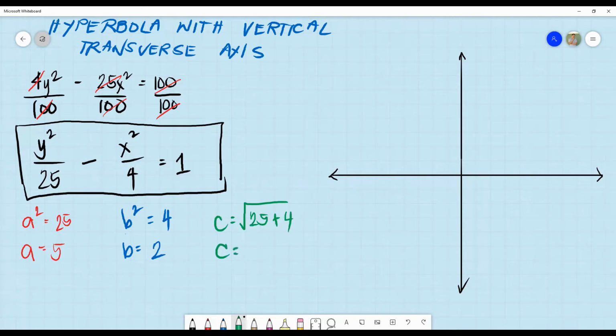So c is equal to the square root of 29, and by extracting the square root of 29 is 5.39 or 5.4. So that's it. After this, let's first proceed to our graphing. Since we have y squared and x squared without other terms, it simply means that our center is at 0, 0.